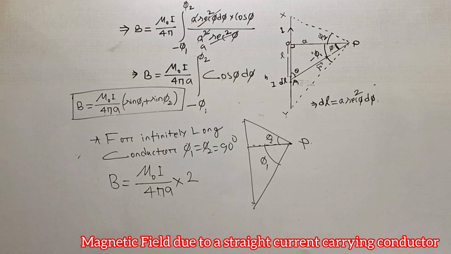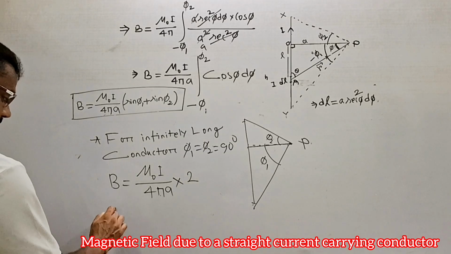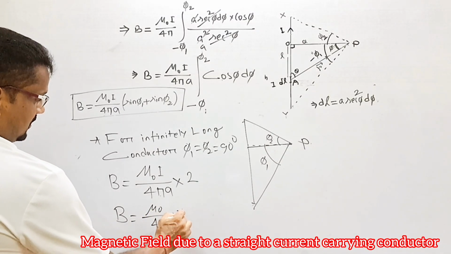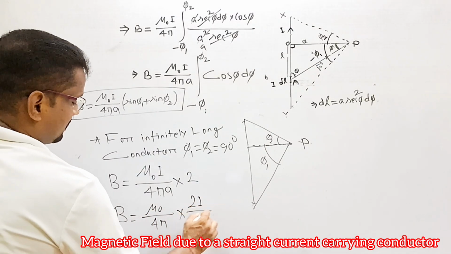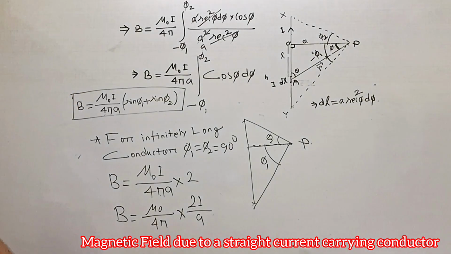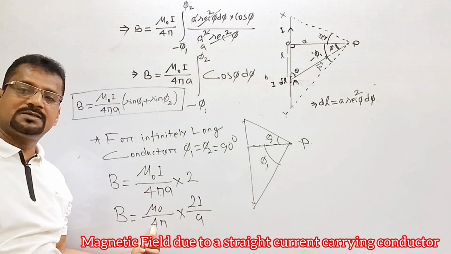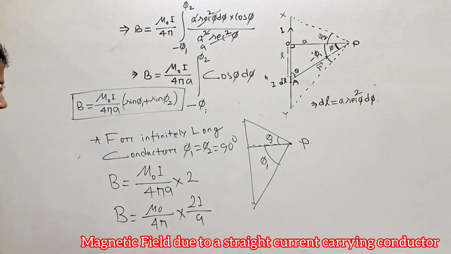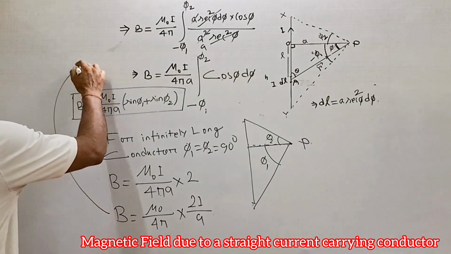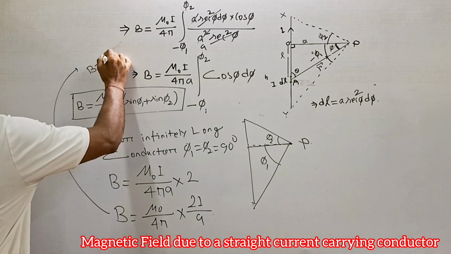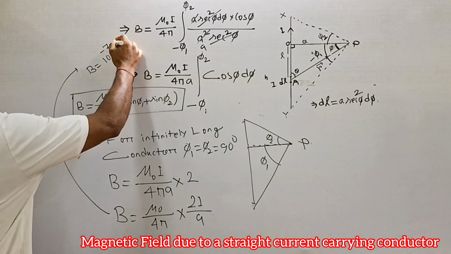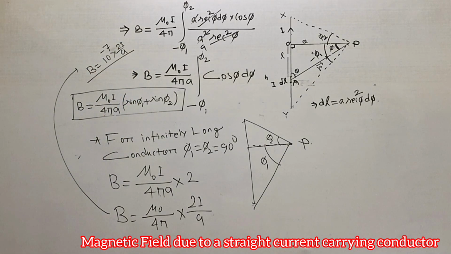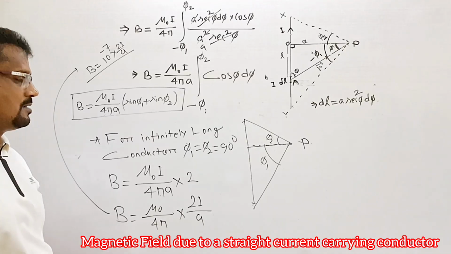So better to write it this way: B equals μ₀ by 4 pi into 2I by A. And you don't cancel this out, because μ₀ by 4 pi is 10 to the power negative 7. If you keep it as it is, then directly you can write 10 to the power negative 7. That means B equals 10 to the power negative 7 times 2I by A. This you can also keep; it's up to you. If you want, you can cancel it out.